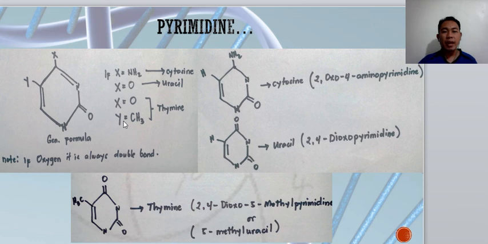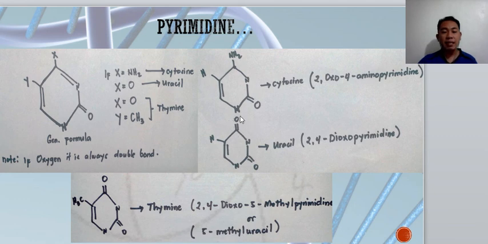So let's look into this. We have here the cytosine. As I said, if the X here is NH2, then it is cytosine, and the name for cytosine is 2-oxo-4-aminopyrimidine. Next, we have the uracil.